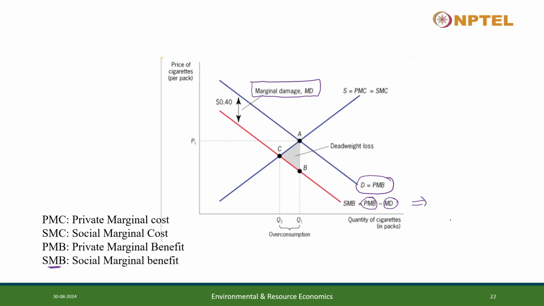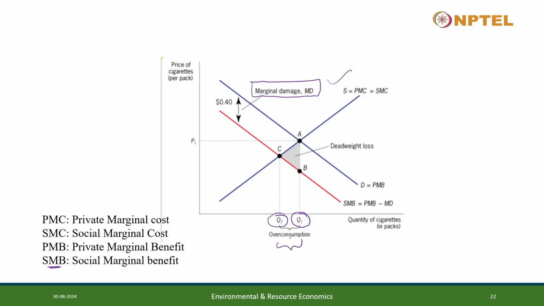Initially, when there is no tax, the level of consumption is Q1. However, because of the consideration of marginal damage, we get the level of consumption as Q2.